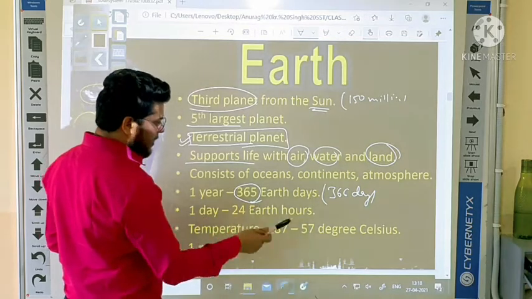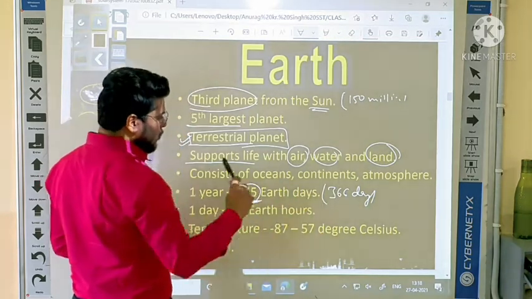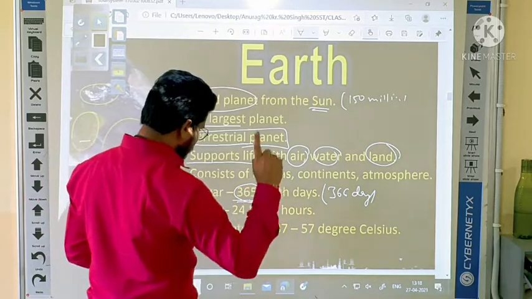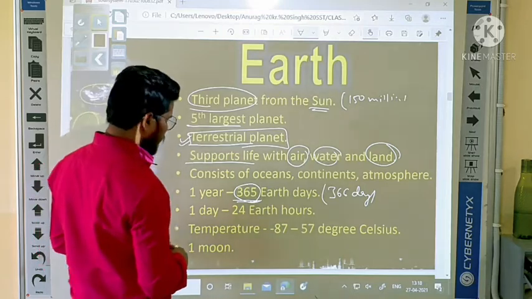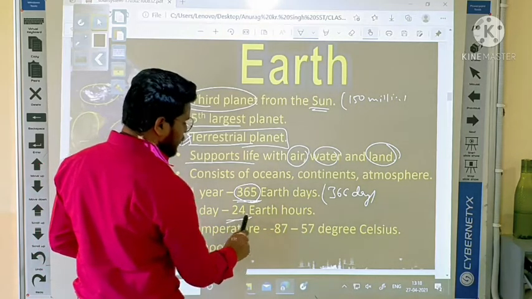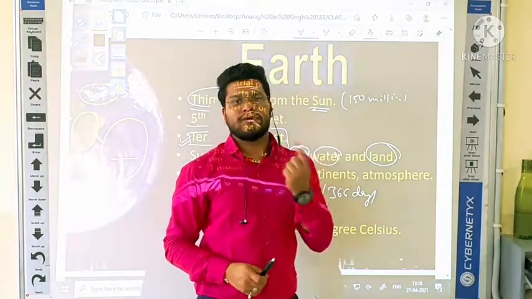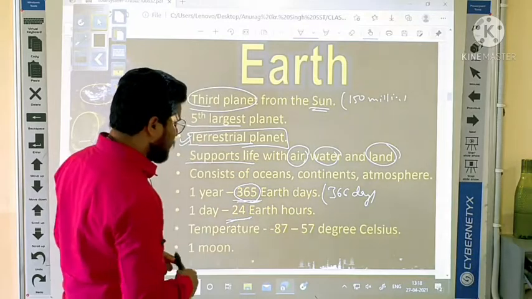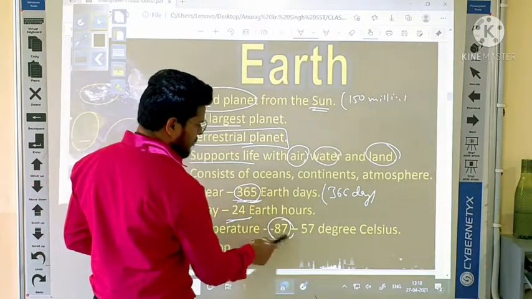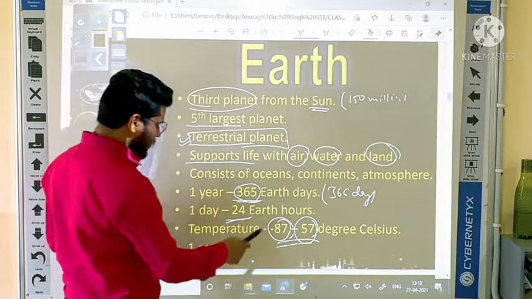Okay, and Earth has 365 days because it completes one revolution in 365 days and about 6 hours. 1 day is equal to 24 hours. It means it takes one complete rotation on its axis in 24 hours. Then after, it is about temperature. It may vary from book to book, so do not need to go there.